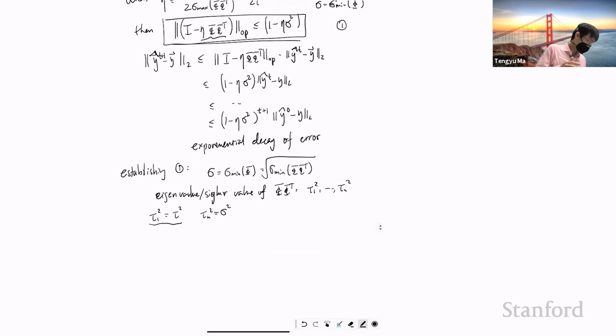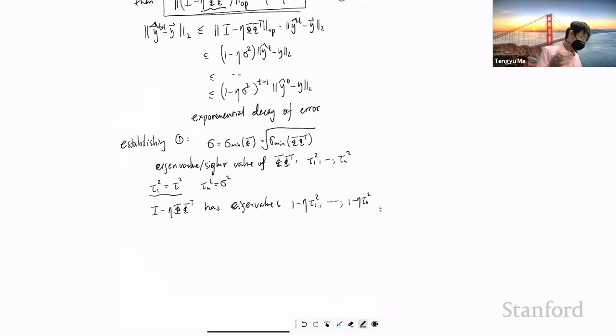And then we care about the matrix I minus eta phi transpose phi. This one has eigenvalues or singular values 1 minus eta tau 1 square up to 1 minus eta tau n square. This is just because I has singular value 1. Do you think this requires a proof?